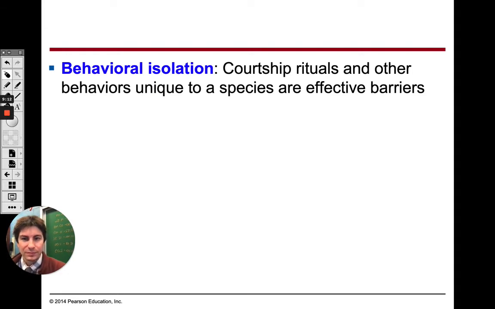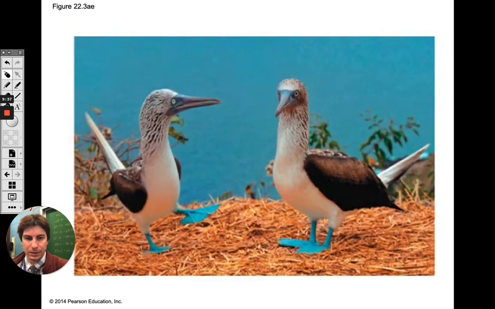But what will happen here, guys, is some of the mating dances will work and attract the female. Some might not. The female might be like, what is this? This is not what I'm looking for at all. So if that is the case, there's not going to be, once again, any kind of mating or fertilization occurring there. Like I said, guys, I'll try to find a video of the blue-footed booby and post that for you. Okay?